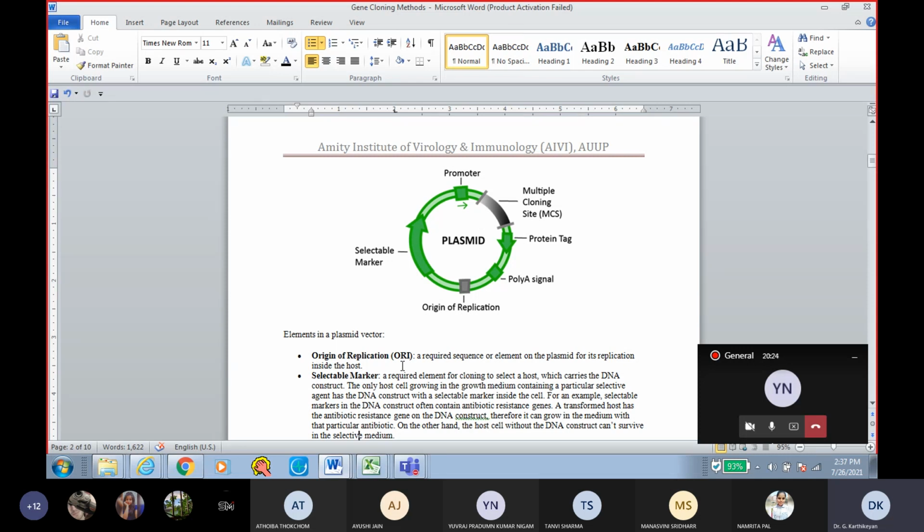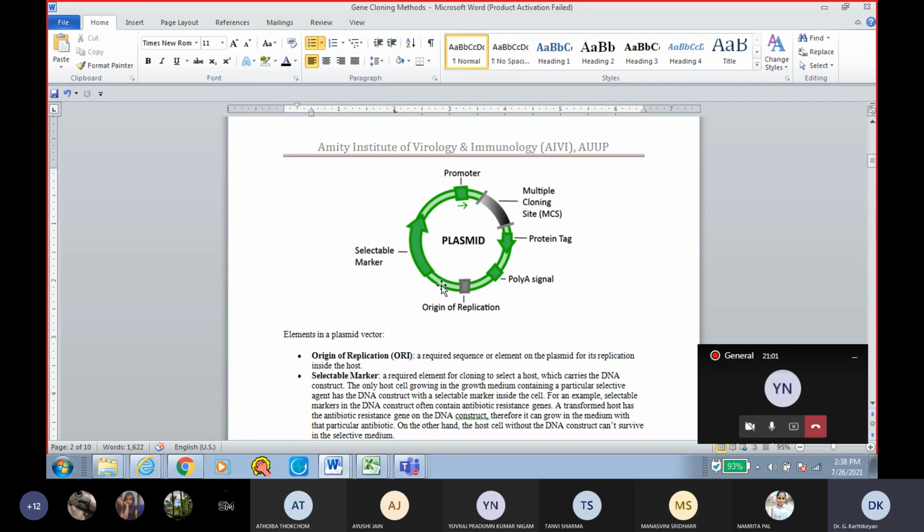For example, you can take an auxotroph, right? This is typically used in both bacteria and yeast. You can take an auxotroph that cannot synthesize a particular amino acid. It could be leucine, it could be histidine, or it may not be able to synthesize certain nucleotides, like uridine. Then you can have those particular genes here as a selectable marker. For example, you could put a gene that is responsible for leucine synthesis.